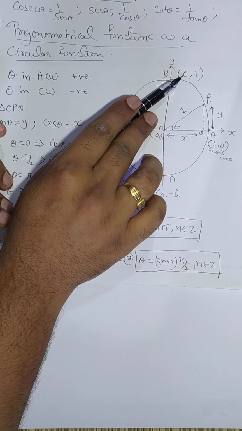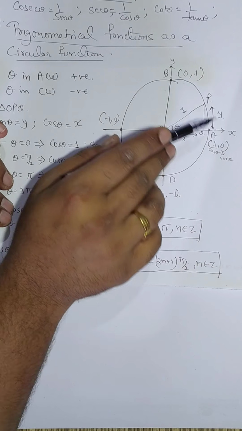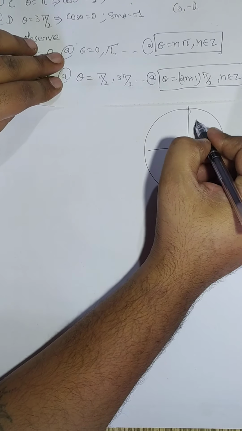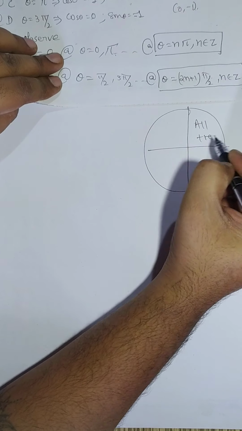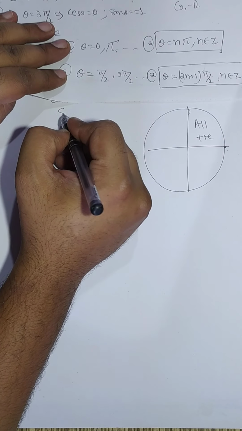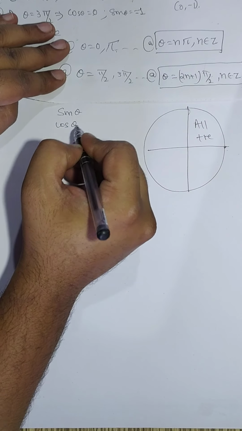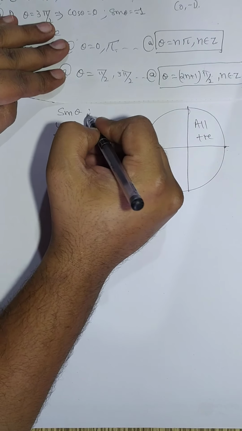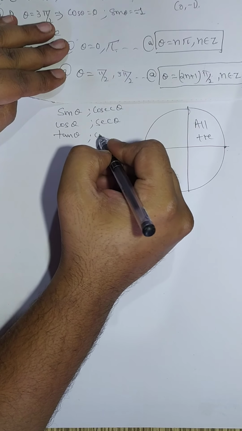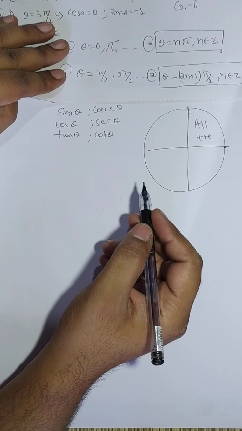So we conclude that all trigonometrical quantities are positive here. All means sine, cos, tan, cosec, sec, and cot theta are all found to be positive.